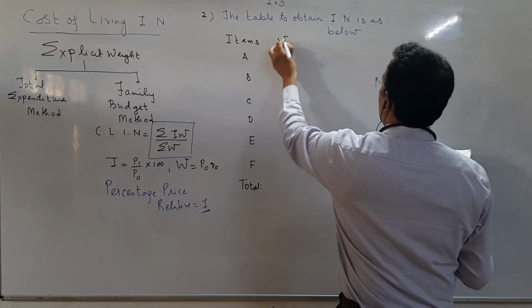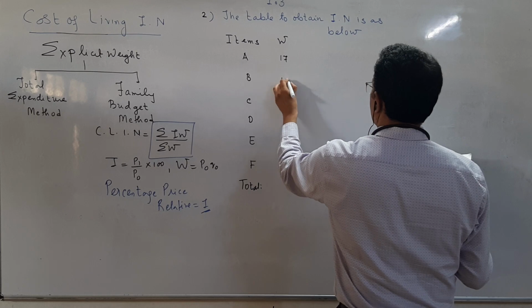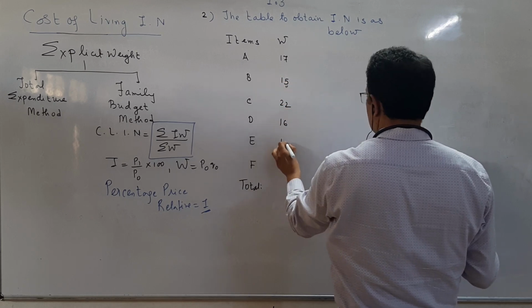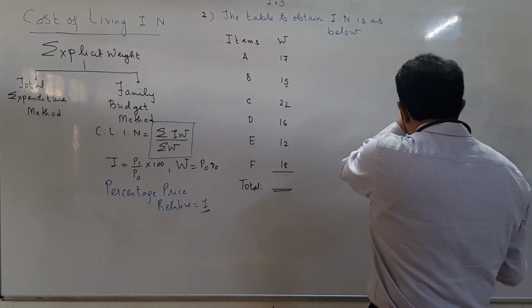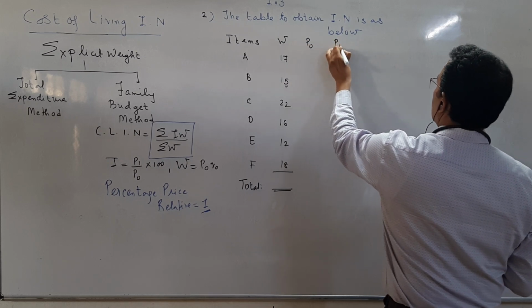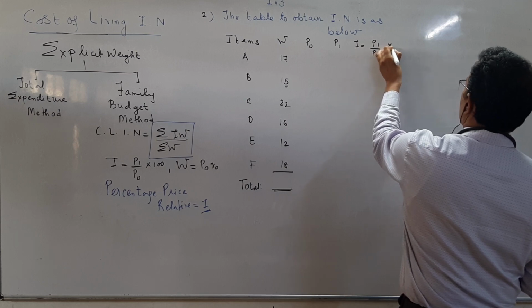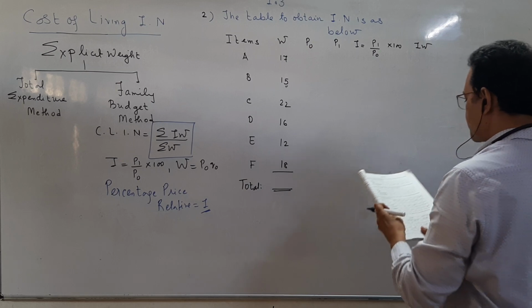Weights are 15, then 22, 16, 12 and 18. Now instead of giving the index number, we have given the price of the base year, which is P0, and the price of the current year, which is P1. So I will be P1 upon P0 into 100.